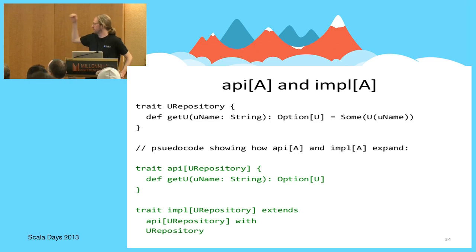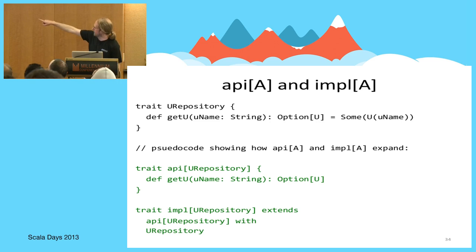And then the default implementation, which again is down low and hard to see, the important thing about it is, well, I have to extend the API or it's no use to anybody. And then, as a little trick, I can just use the U repository itself to fulfill that API and put the real method in there.